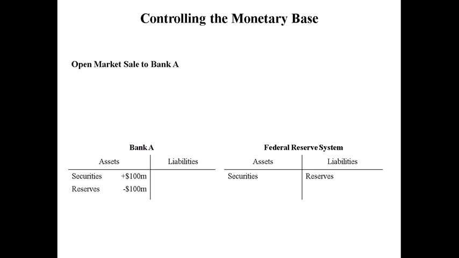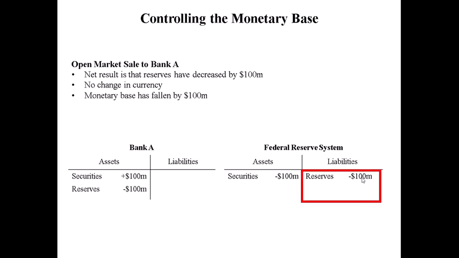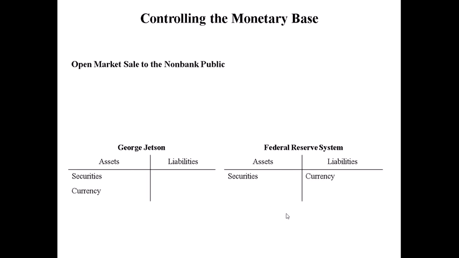So that's why its reserves go down and its securities holdings go up. The Fed sold the securities to this bank, so it loses securities. And because reserves went down by $100 million, the Fed's liabilities decreased by $100 million. And the monetary base goes down by $100 million. So this is what happens when the Fed sells securities to a bank.